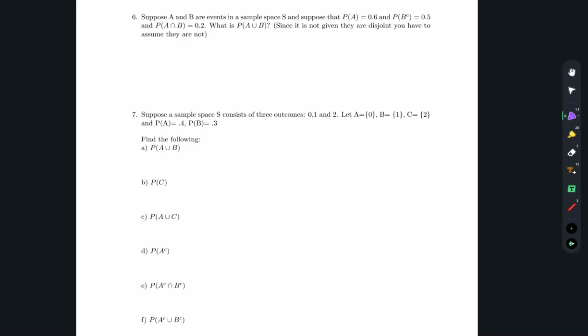Little puzzle solving time. So if I want to find out what's the probability of A or B, and because I can see there's an intersection, let's just think about this. It's going to be the probability of A plus the probability of B, and I'm going to have to subtract off the intersection.